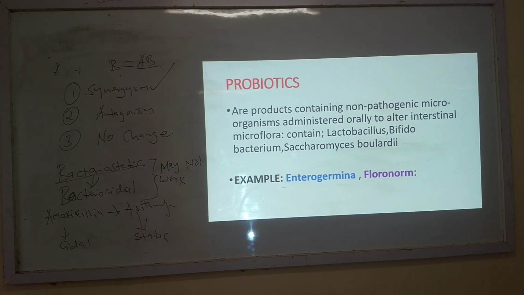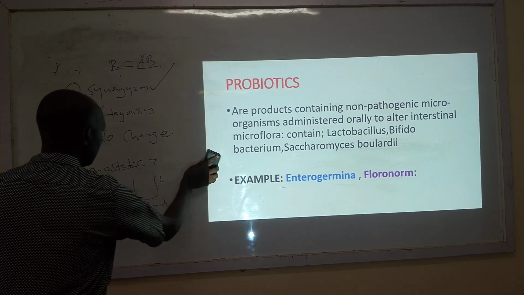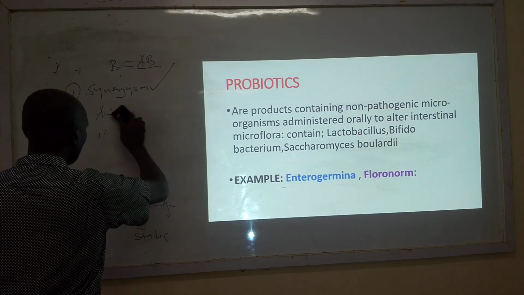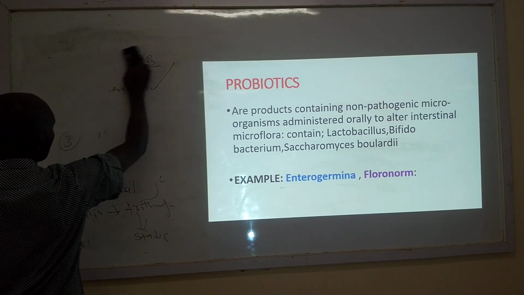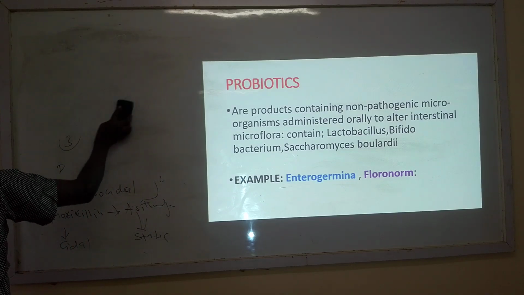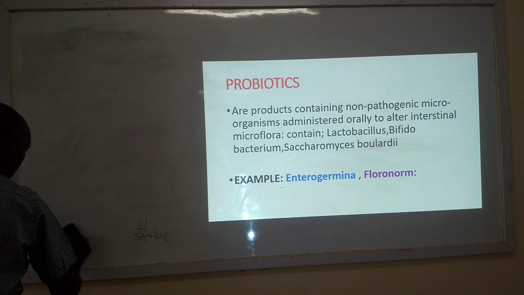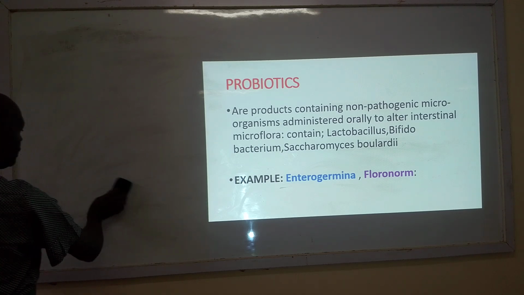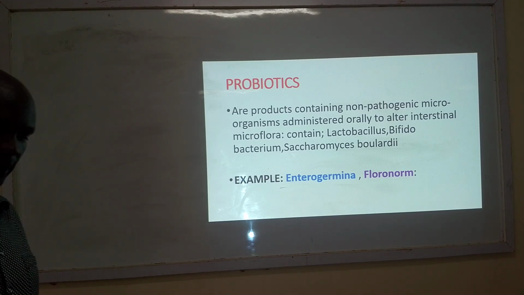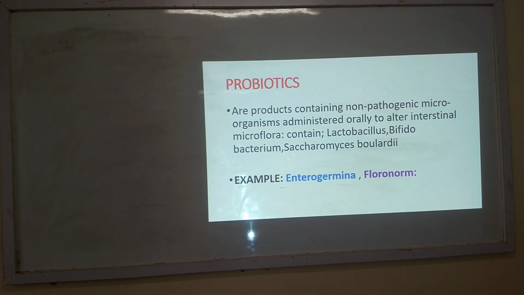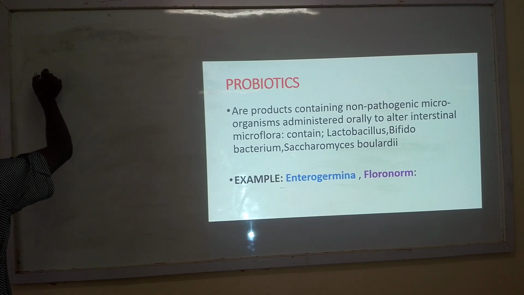There is something called probiotics. Probiotics are drugs. These drugs contain normal flora. Normal flora are bacteria which are found in the human body, particularly on the surfaces or even in the intestines. They are helpful. We call them normal flora.